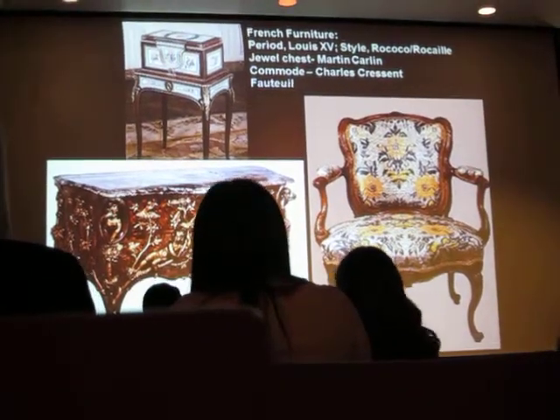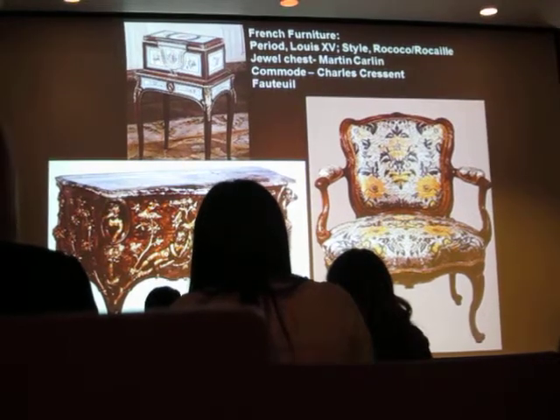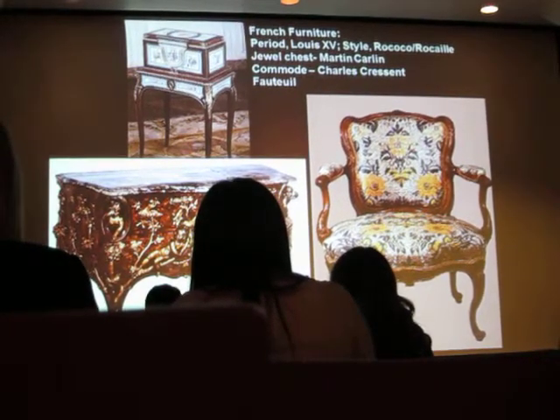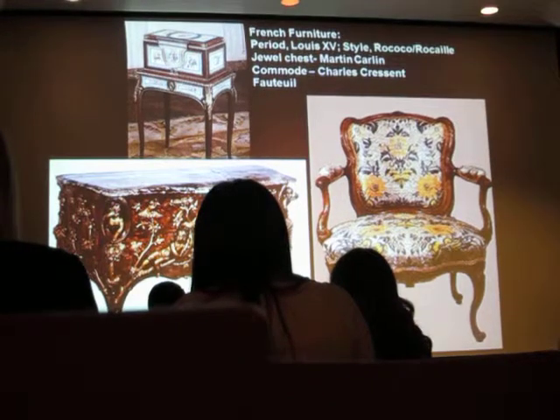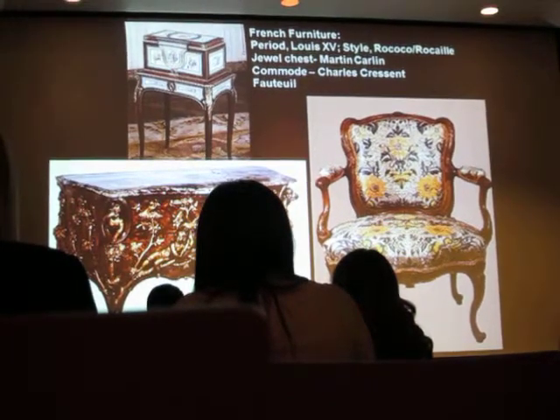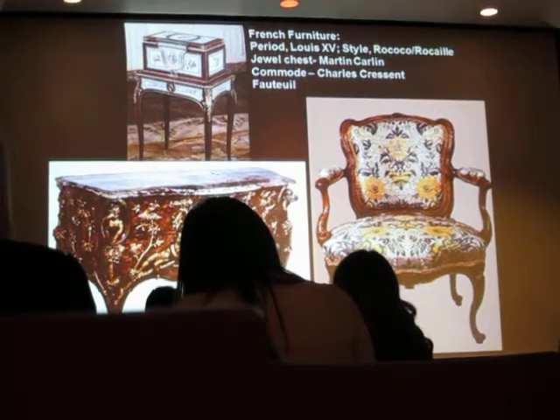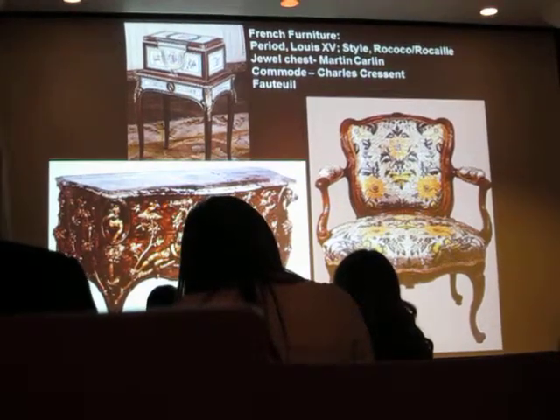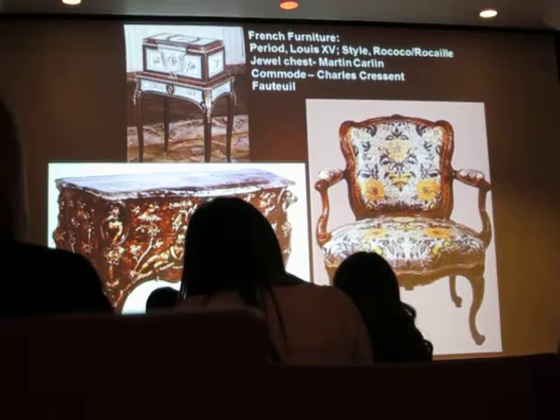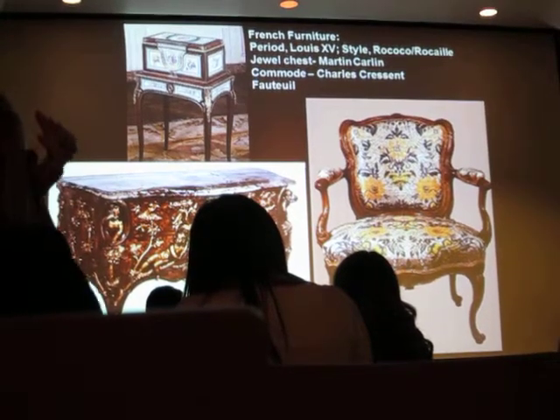And the curves and the informality of the Rococo style reflects the move of the court back to Paris, so that people from Versailles went back to Paris, and people entertained and lived basically in their own homes and entertained their friends there instead of spending all of their time at court.